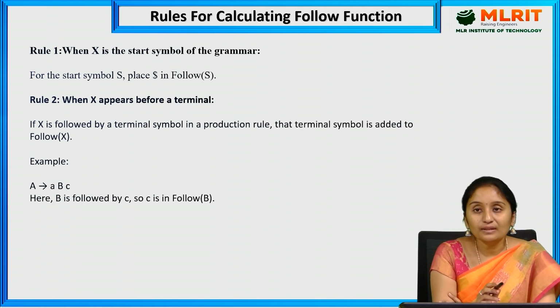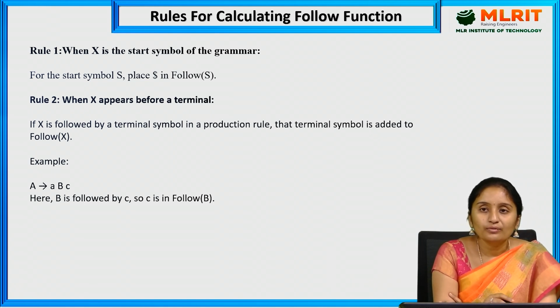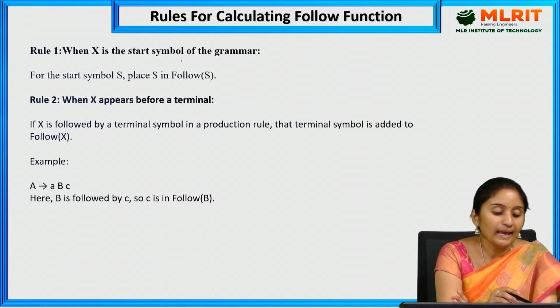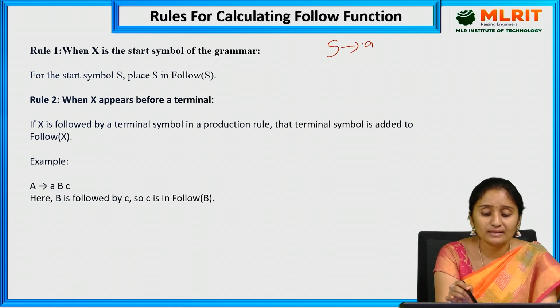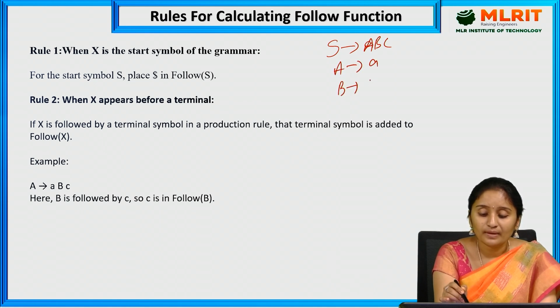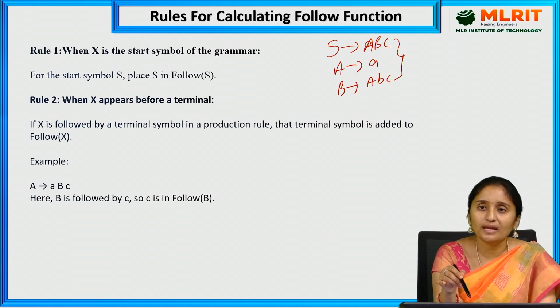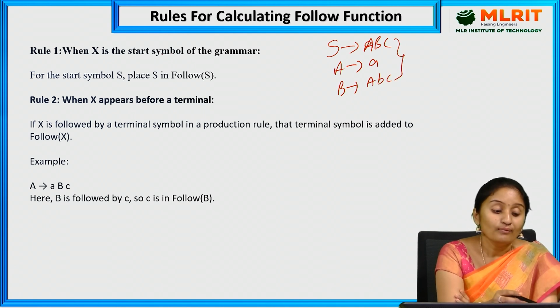Now the rules to calculate the follow function. The first rule: when X is the start symbol of the grammar. Suppose in my grammar there are many productions, like S produces A B C, A produces small a, B produces some capital A, B, C, and so on. What is it telling us?